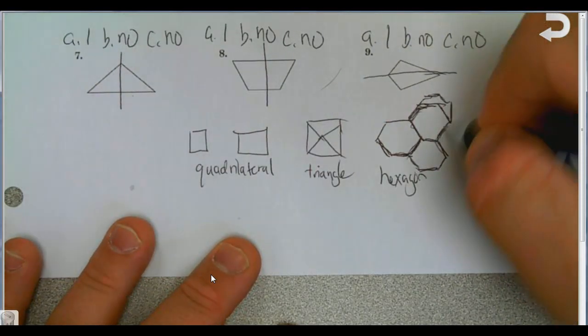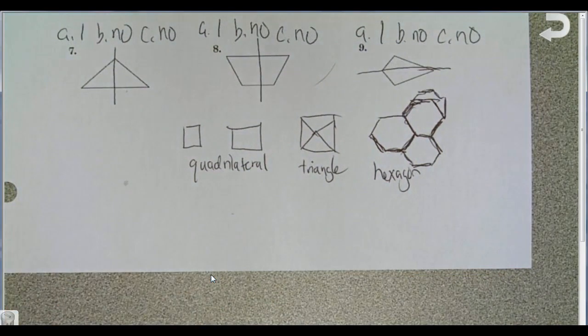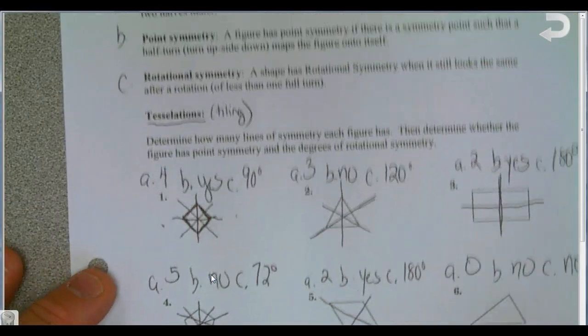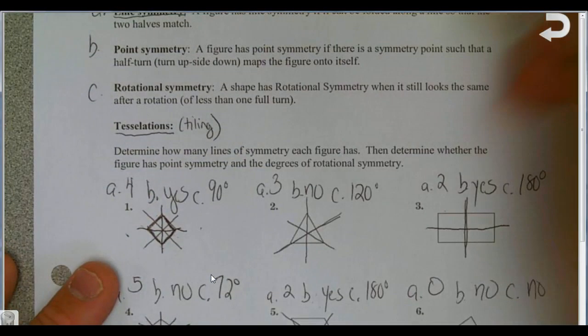A hexagon can create, and you can keep building the hexagon. It's kind of like honeycombs from bees, they seem to be of a hexagon shape.